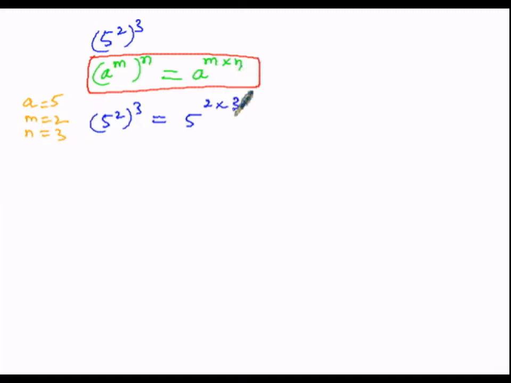Then that is equal to 5 to the power of 2 into 3, which is 6. Therefore, (5 to the power of 2) whole to the power of 3 is nothing but 5 to the power of 6. In this manner, (5 to the power of 2) whole to the power of 3 is equal to 5 to the power of 6, which is the result.